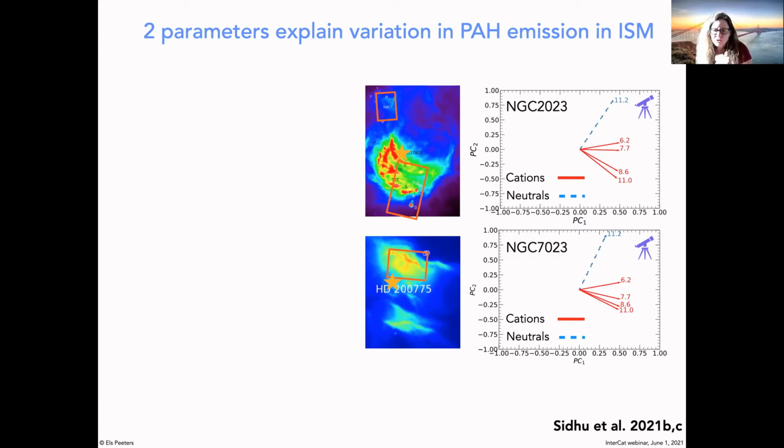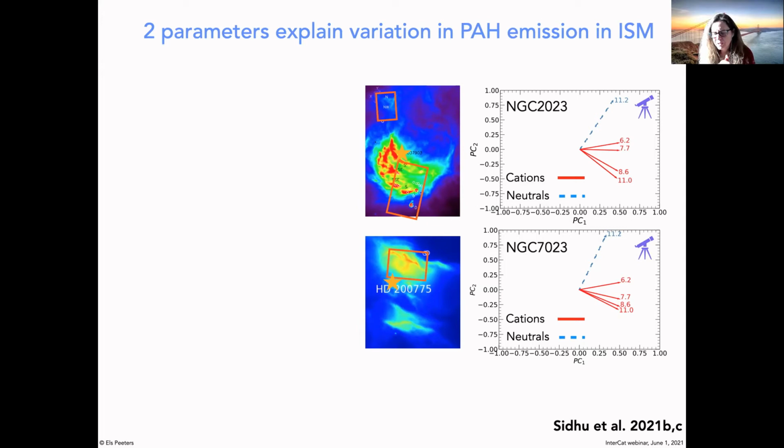And on the y-axis, you see the second most important principal component. If you look at these arrows shown in this plot, what is shown? If you project each of these arrows on the x-axis, it will tell you how that particular band depends on the first principal component.